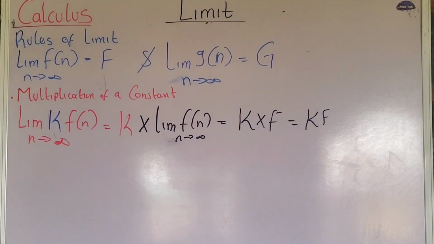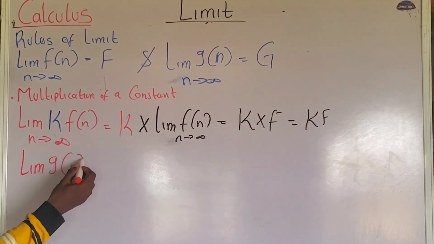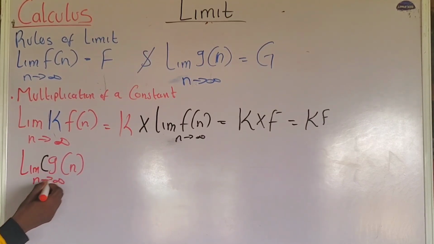Now, let's look at the second rule. But before we move to the second rule, I want you to try this. Let's say we have the limit of a function g(n). I am planning to use a red pen so that you can distinguish, as n tends to infinity.